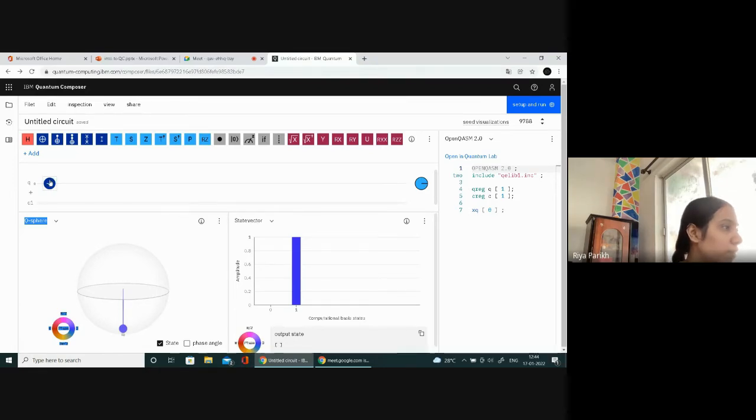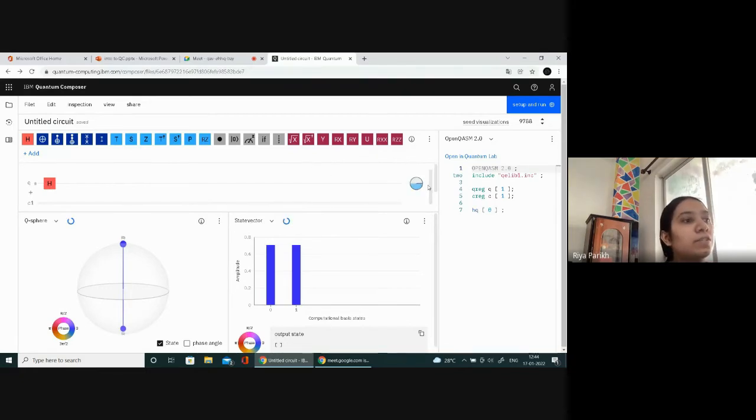Now let's check with Hadamard. Hadamard is this H gate. You can see that the qubit is in a 50-50 superposition of state 0 and 1.